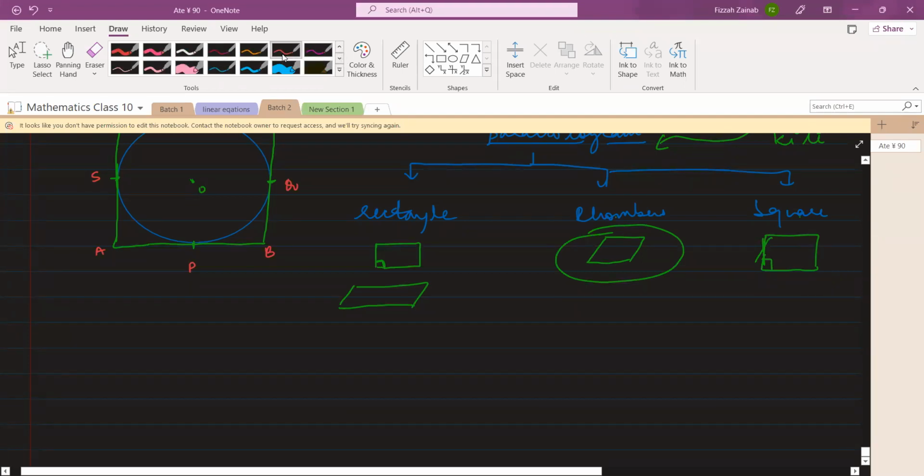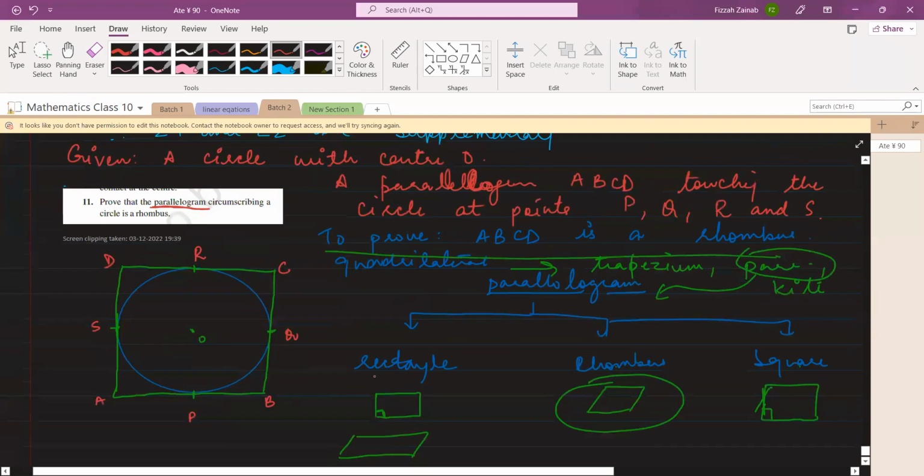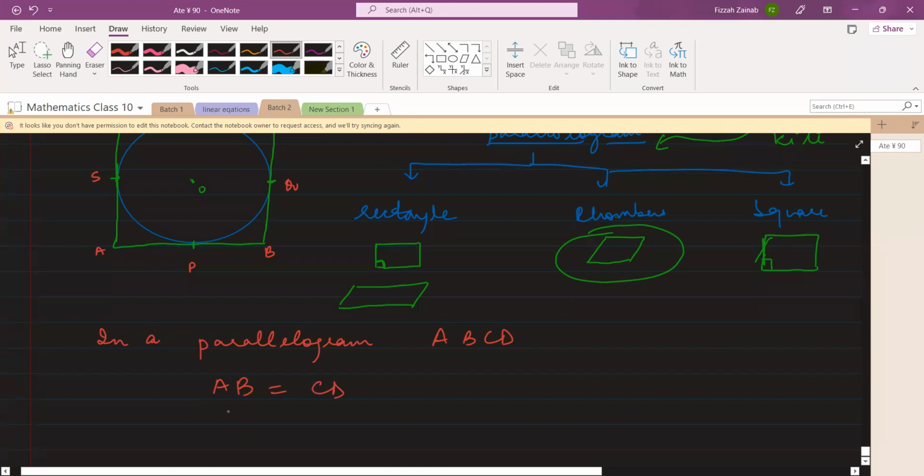Okay, coming back to the question. It's already given that it's a parallelogram, isn't it? So its opposite sides would already be equal. In the parallelogram ABCD, AB will be equal to CD, and AD will be equal to BC.